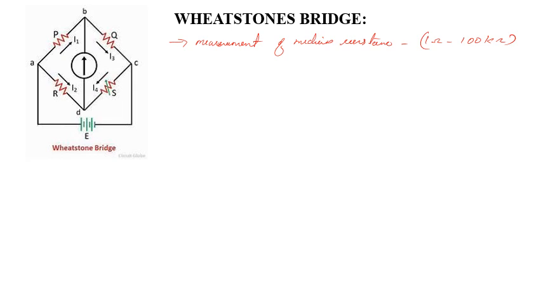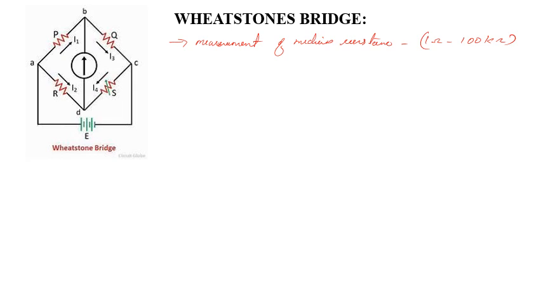Here it consists of mainly 4 arms. In this diagram they are AB, BC, CD and AD. Each arm consists of one resistor. So with 4 arms, there will be 4 resistors.